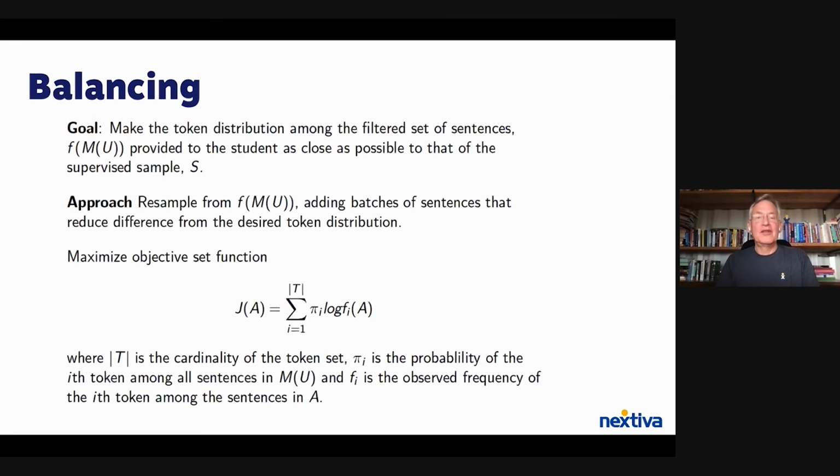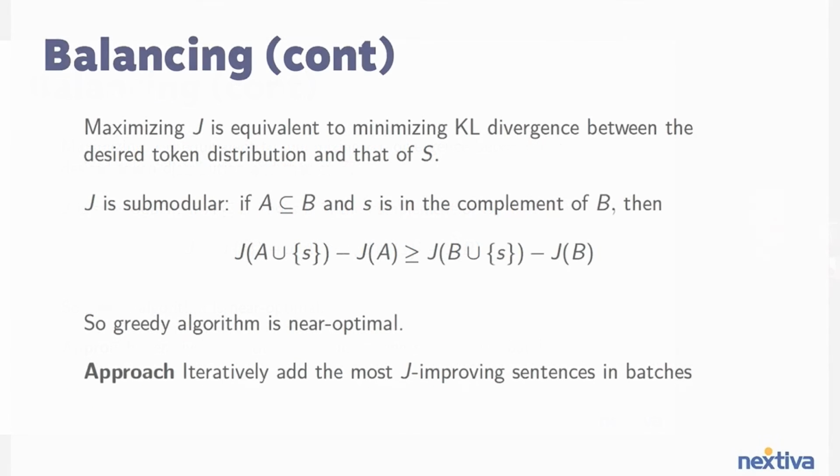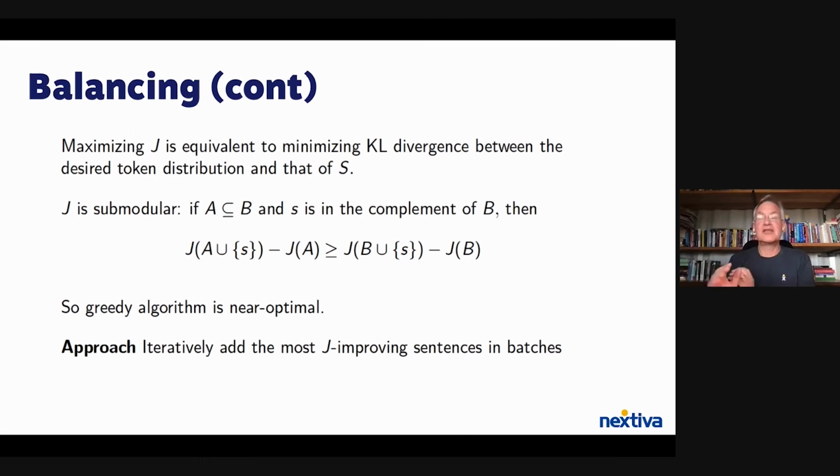There's actually a proof in the paper, and what is proved is that maximizing that function J is equivalent to minimizing what's called the KL divergence between the desired token distribution and that of S. KL divergence is like Kolmogorov-Smirnov distance for continuous distributions. It's simply a measure of how close discrete distributions are to each other.